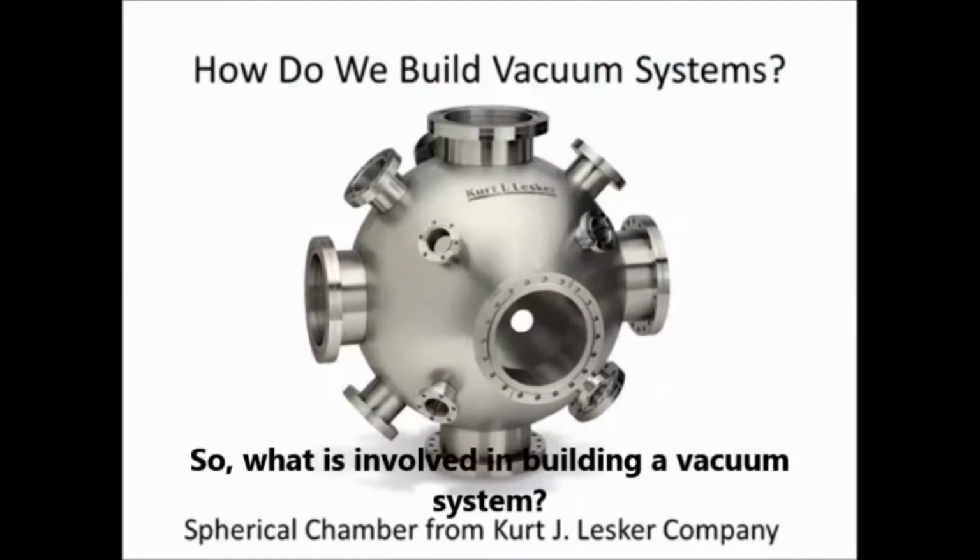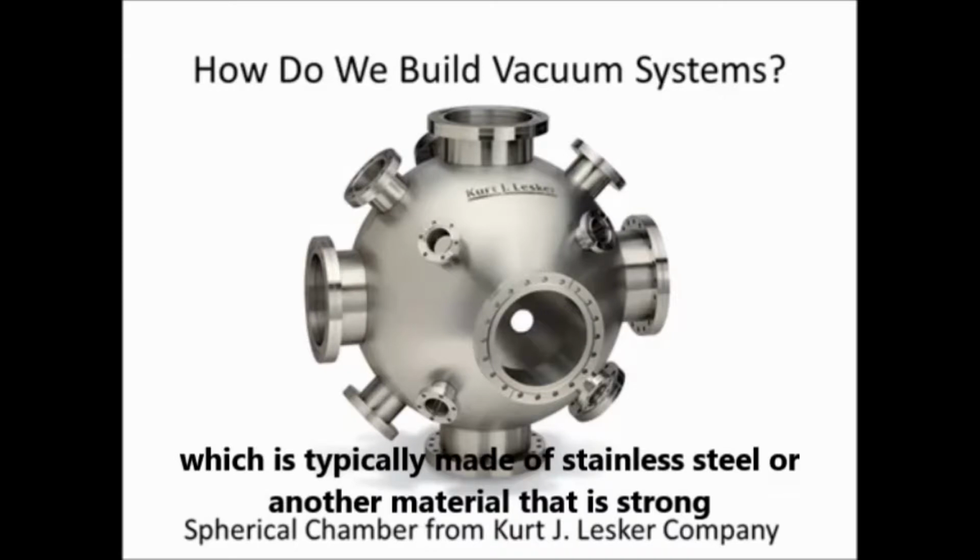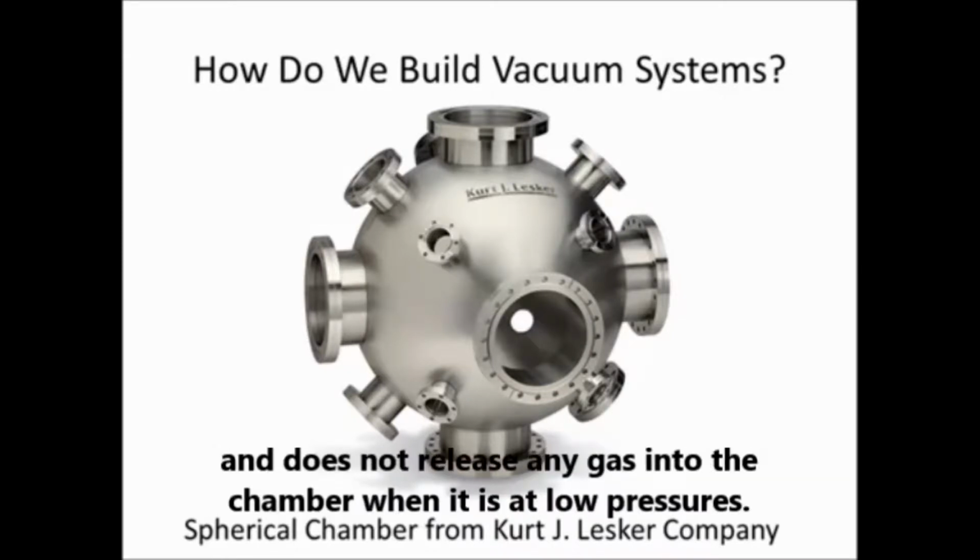So, what is involved in building a vacuum system? The most fundamental component of a vacuum system is a chamber, which is typically made of stainless steel or another material that is strong and does not release any gas into the chamber when it is at low pressures.